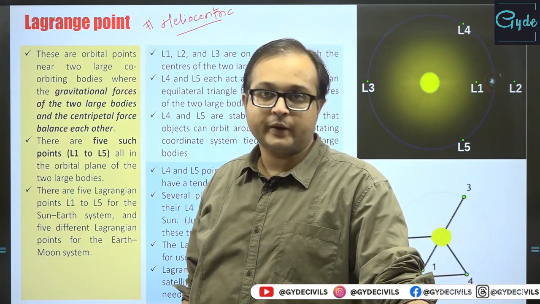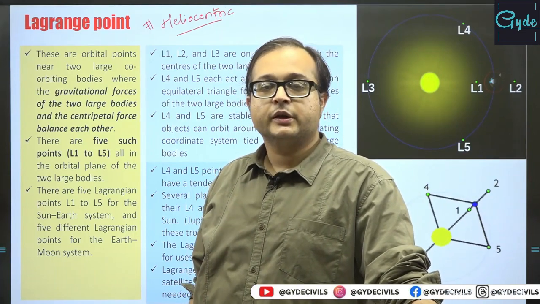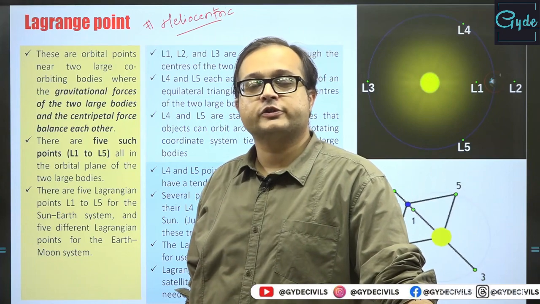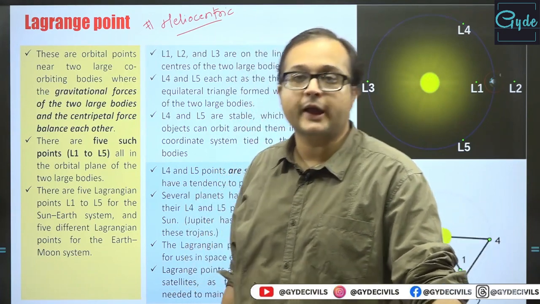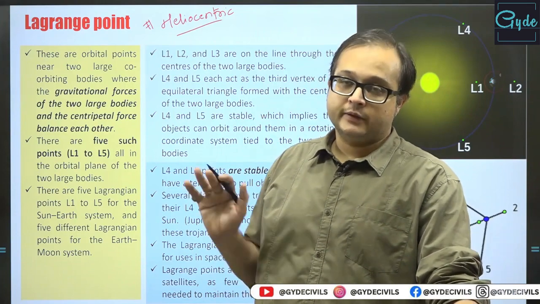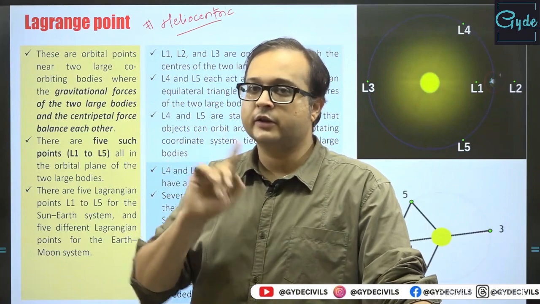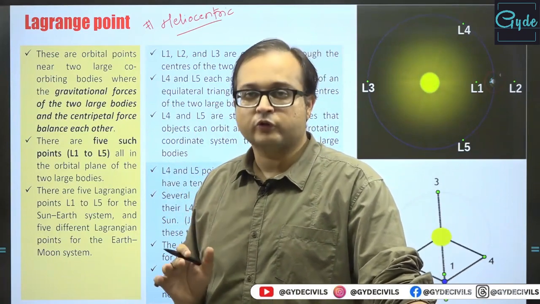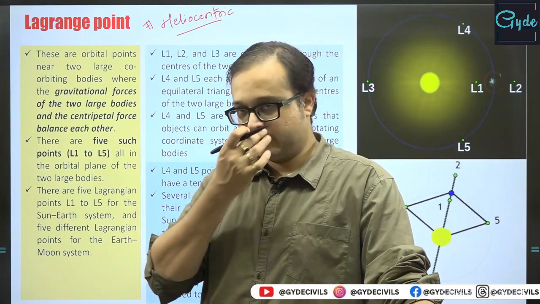These are those orbits in which the net resultant force being applied on an object, that may be from Earth, Sun and the Moon, right? Because the Moon is also a gravitational object and can create a gravitational pull on satellites.